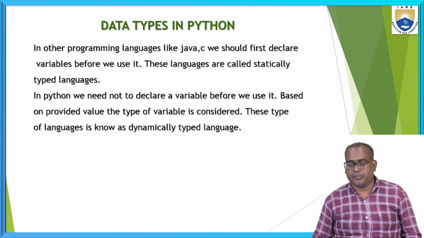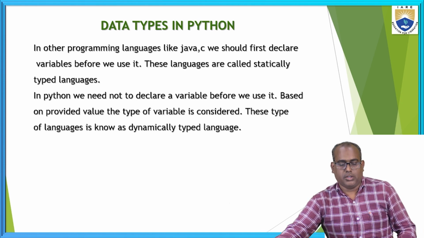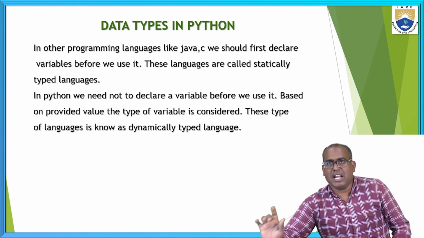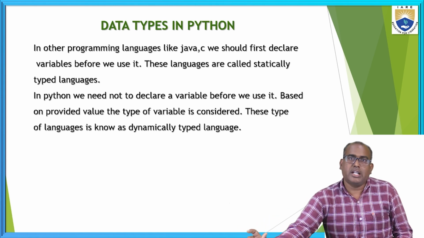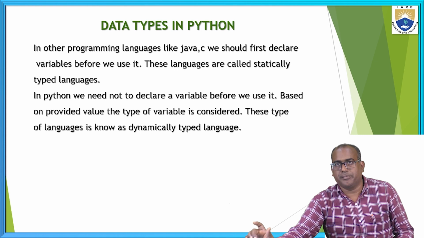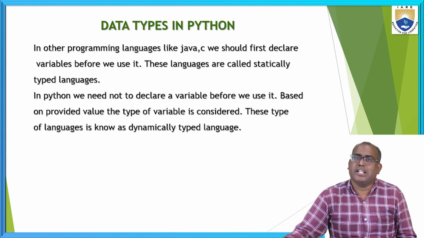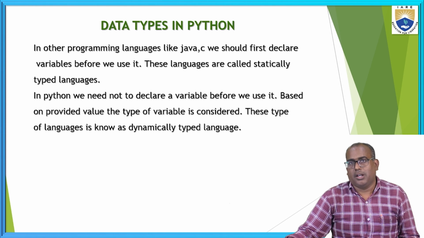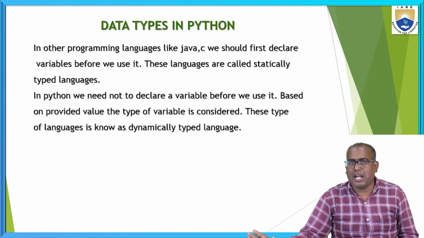Data types. If you observe other programming languages like C, Java, we must and should declare the variables before we use them. Those types of languages are called statically typed languages. We must declare the variable before we use it in other programming languages.